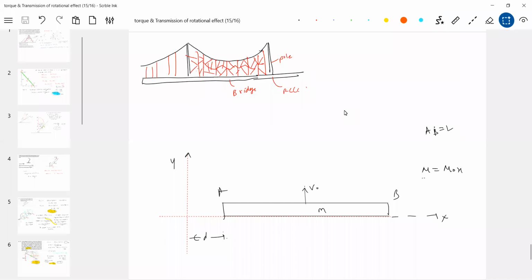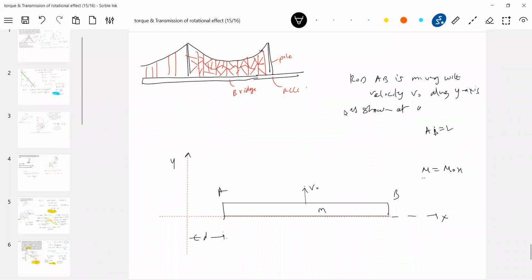Rod AB is moving with velocity v naught along the y-axis as shown, at an instant, on a rough horizontal surface.